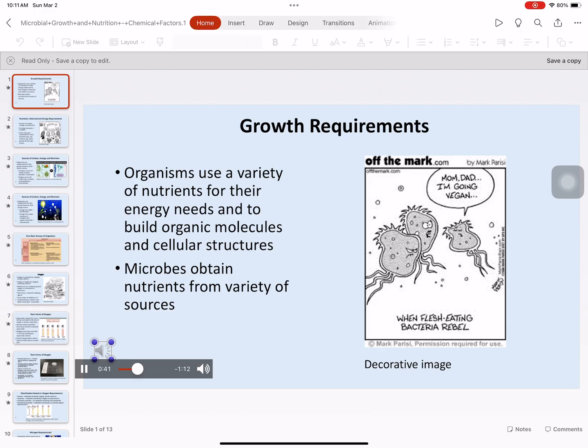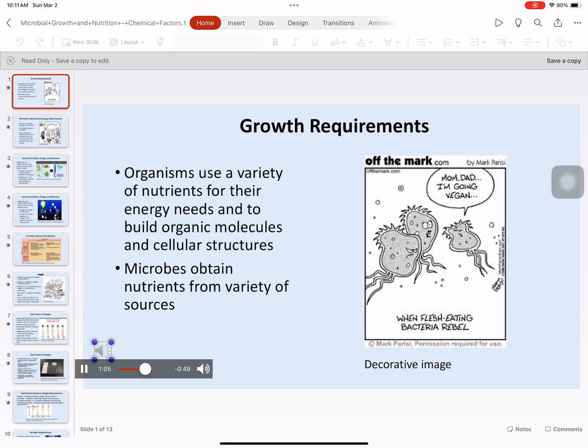So they will catabolize those molecules to get energy and also to get monomers, to get raw materials to build organic molecules and then use those to make cellular structures such as cell walls, for instance.